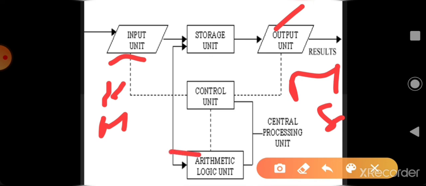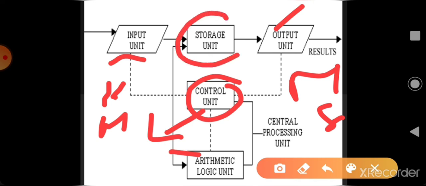Next, the ALU. Arithmetic and logic units are used to do mathematical calculations inside the CPU. The control unit has only one line: the control unit will control all the activities of the computer. Next, the storage unit. The storage unit is used to store the data permanently inside the computer.